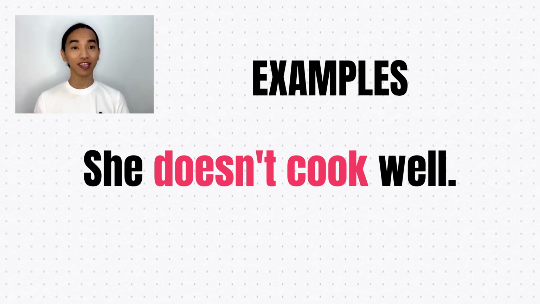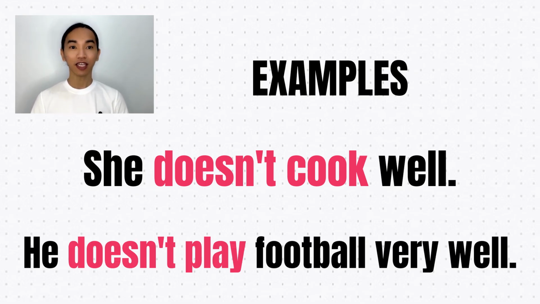Here, she is your subject, so we use doesn't, and then cook in base form. Another, he doesn't play football very well. He is your subject, so we use doesn't and then play in base form.